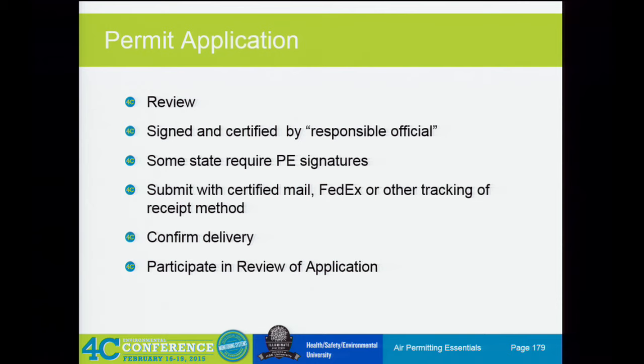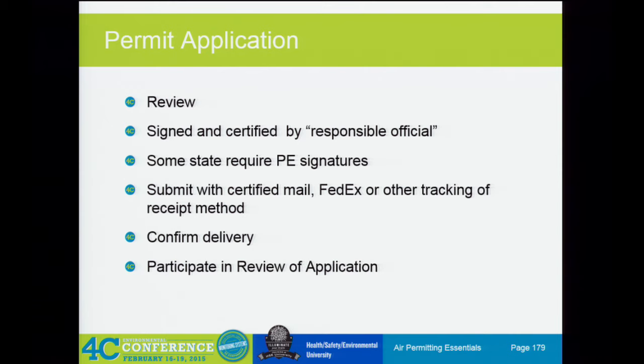But just because it was postmarked does not mean that it was received. So that's why certified mail or FedEx or hand delivery is the way to go. Because then you have that verification that the agency actually has it. And if something happens, then you can say, look, I have the thing that says that you got it.